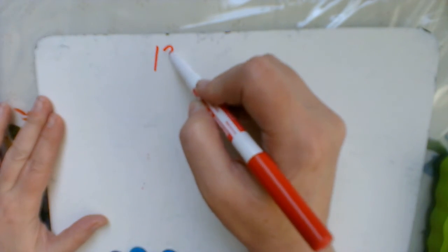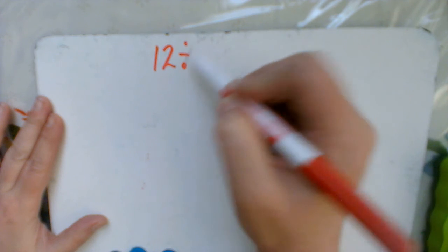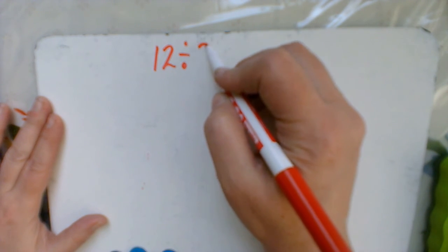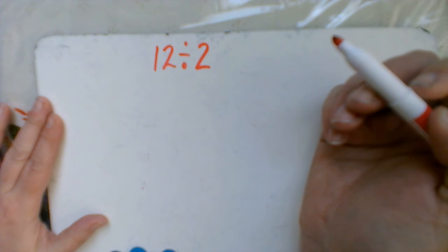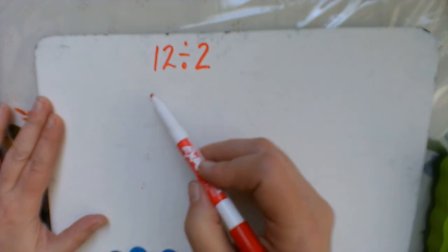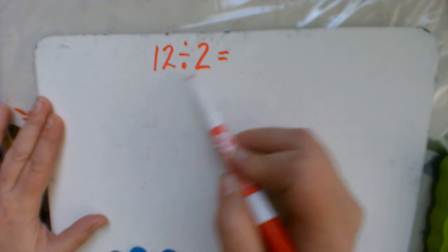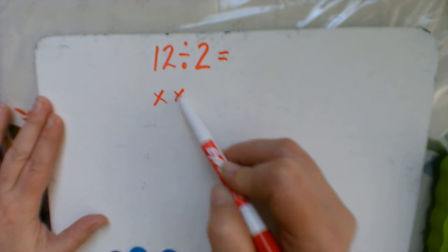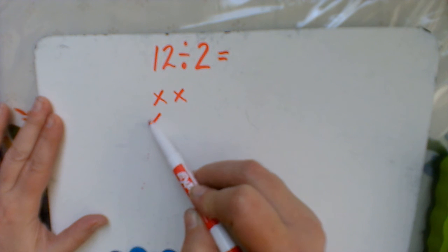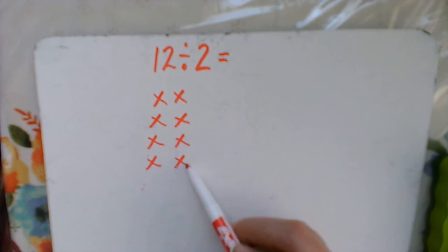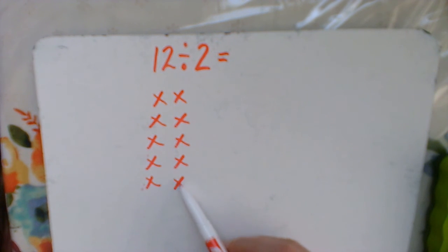Okay, let's do 12 divided by 2. Okay, so I'm going to say that this is how many in each row. So let's go 1, 2, there's 1 row, 3, 4, 5, 6, 7, 8, 9, 10, 11, 12.